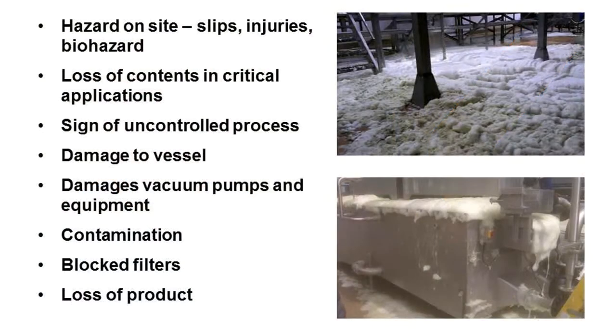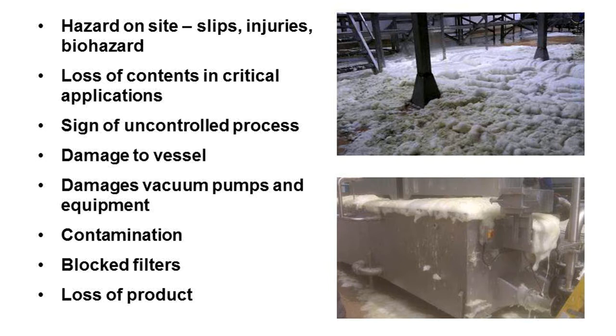In vacuum cooling applications where vacuum pumps are used to create vacuums, foam can get up the exit gas lines, get into vacuum pumps and cause destruction of the pump. In fermentation systems where sterility is very important, exit gas filters can get blocked by foam because of the liquid content, causing overpressure and complete loss of a process.